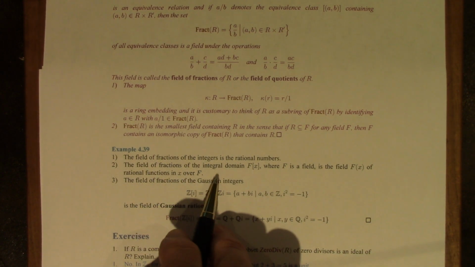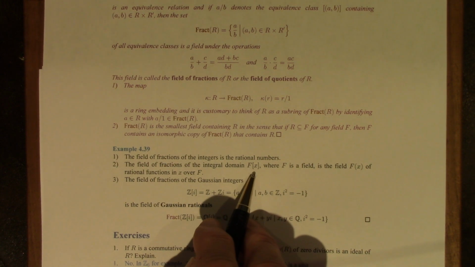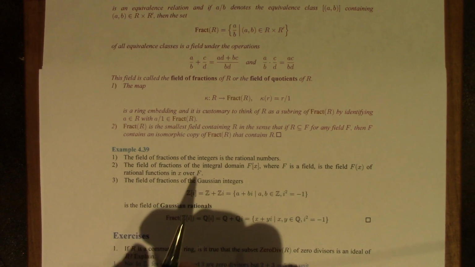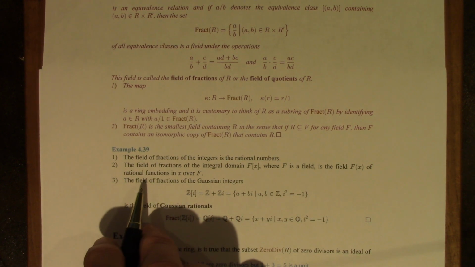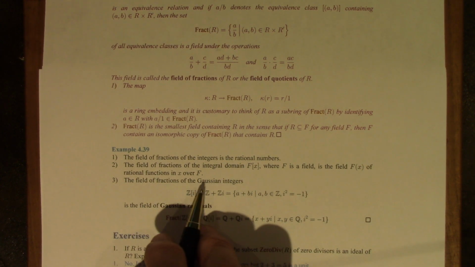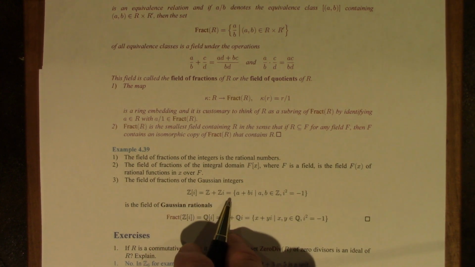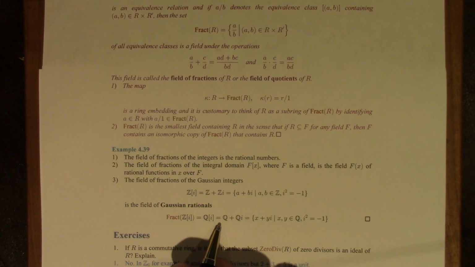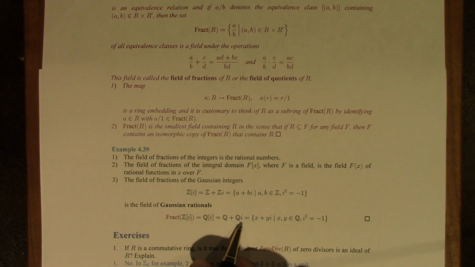The field of fractions of F[x], a polynomial domain, F is the field here, is the field of rational functions. And the field of fractions of the Gaussian integers is the Gaussian rationals, Q plus Qi.